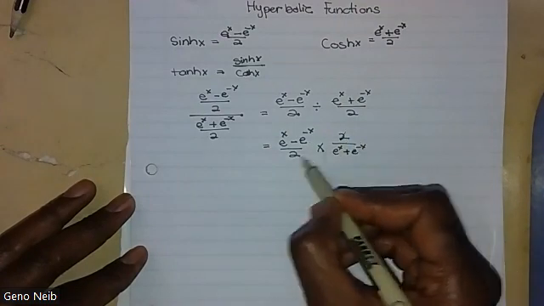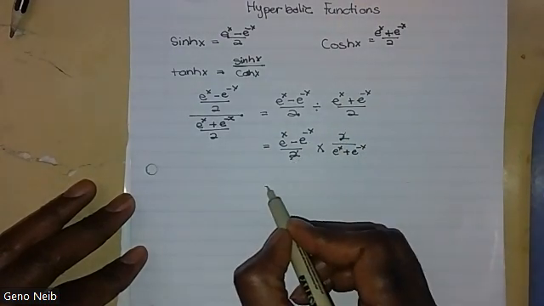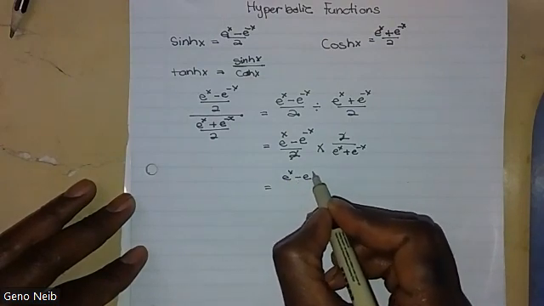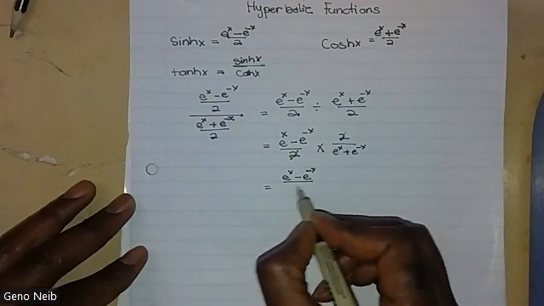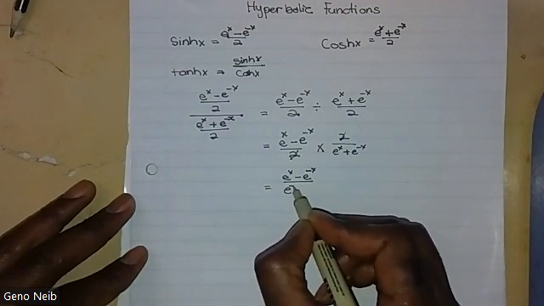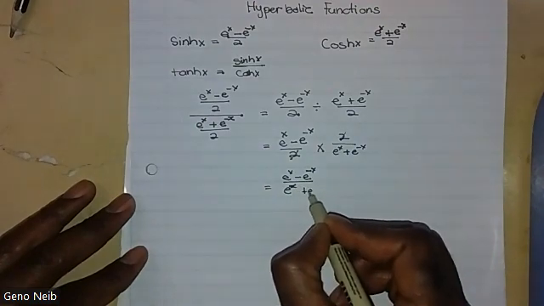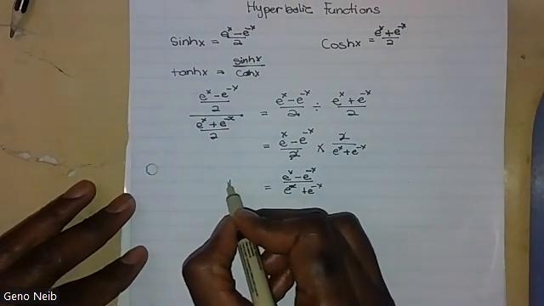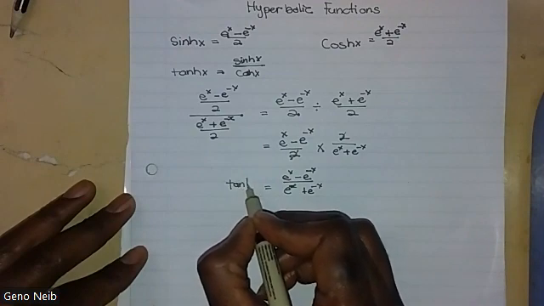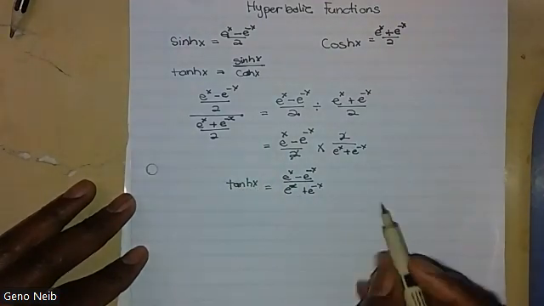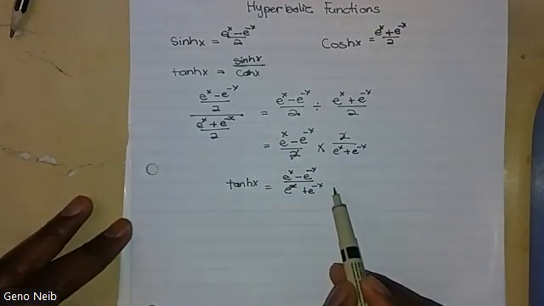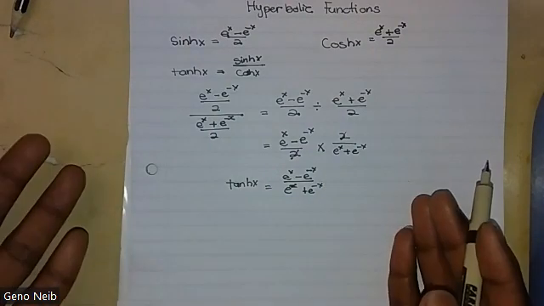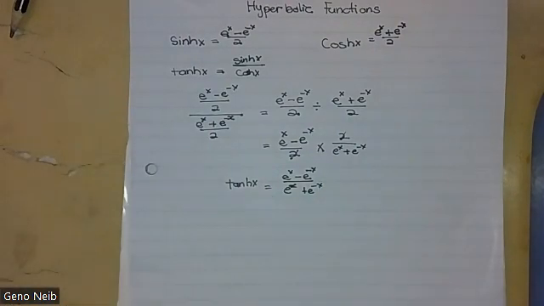The 2s cancel each other. The product that we have is e to the x minus e to the negative x divided by e to the x plus e to the negative x. And the function that we got is the hyperbolic tangent.